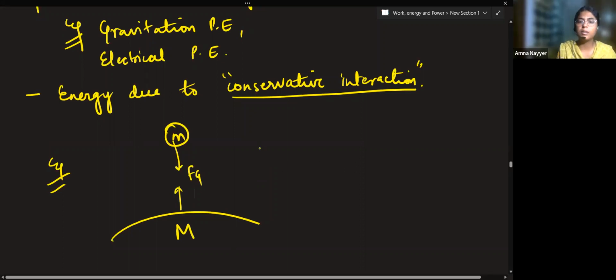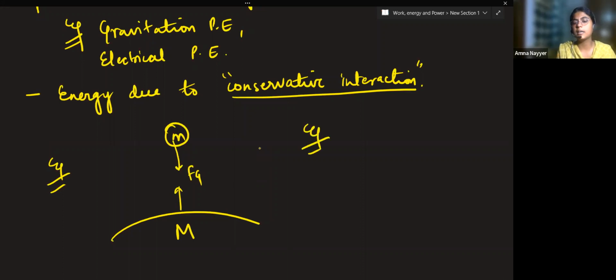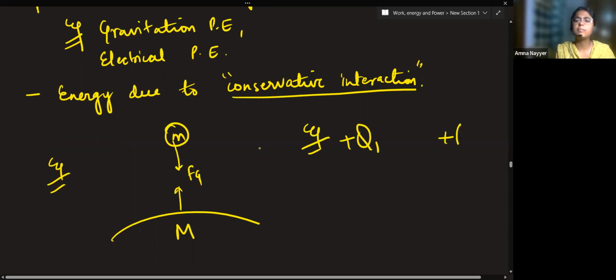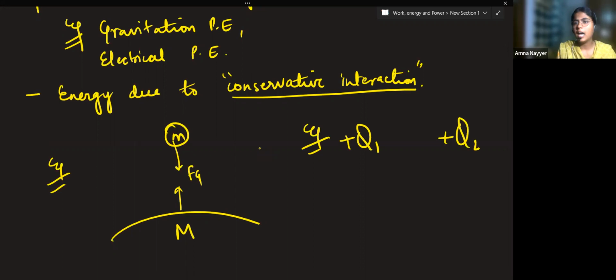Or let's take one more example. I have a positive charge, and let's say another positive charge. How can I know whether potential energy exists in this system? There is no change in shape. There is no change in size. The charges are also not moving, so I can't consider it kinetic. There are no such conditions.